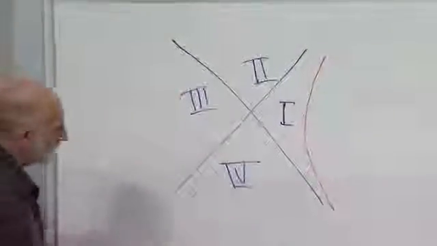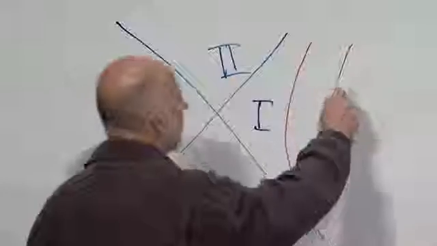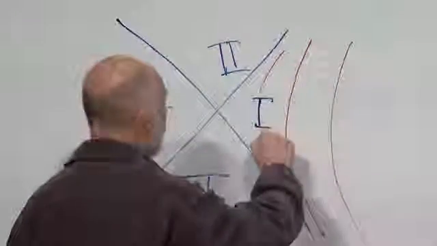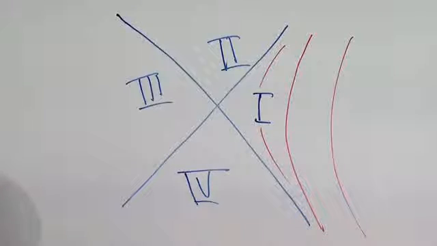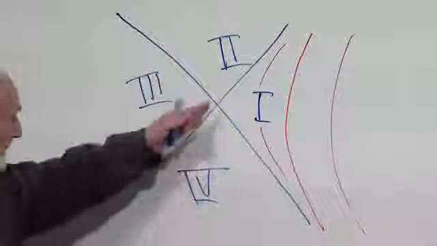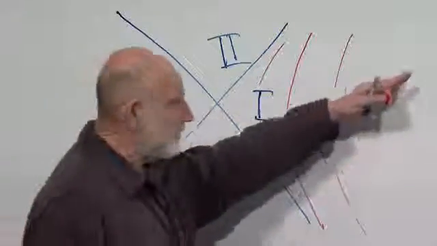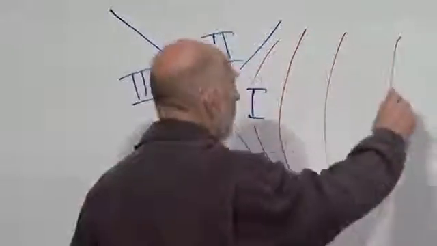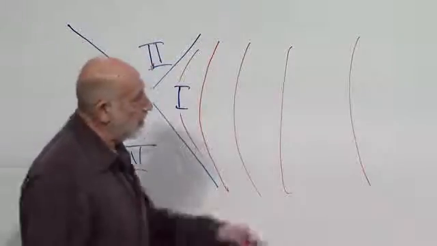Come in and go out. And it's that acceleration which is what we experience as gravitational acceleration near the surface of the Earth, but in this case near the horizon of the black hole. So this is a family of observers further and further out, very far from the black hole, way out here.